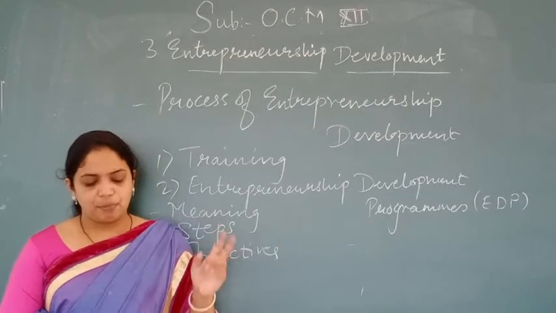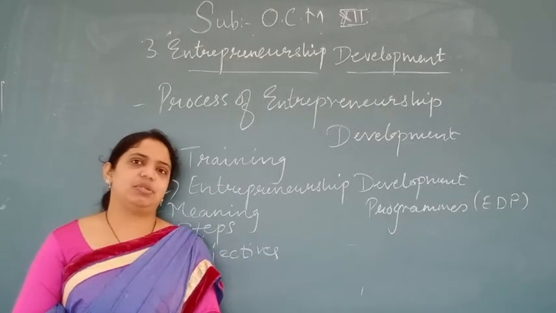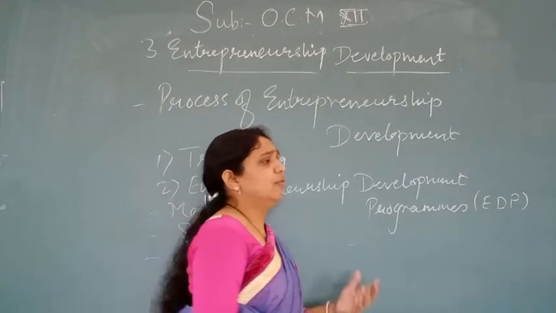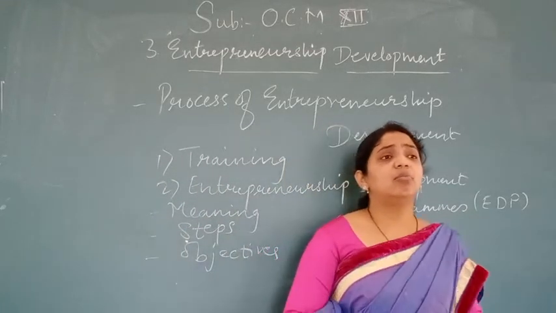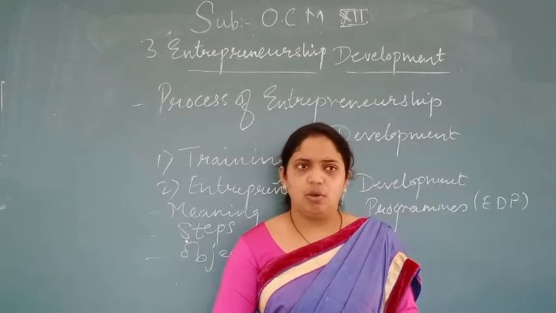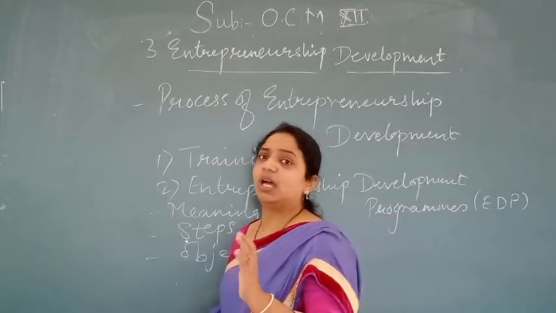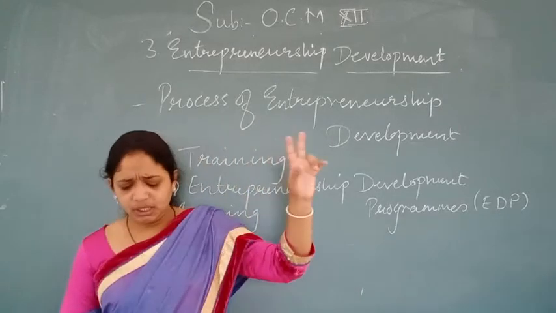Number two is optimum use of available resources. Whatever resources are available for the entrepreneur, we have to use them at the most optimum level. That is taught to you here.